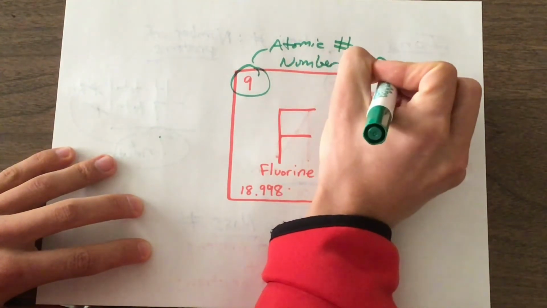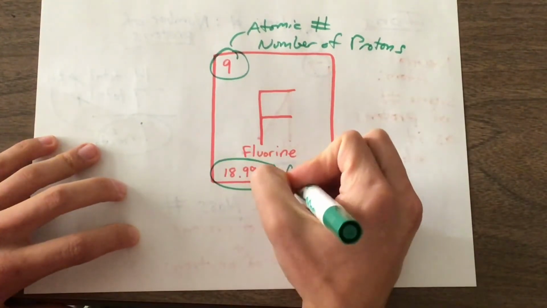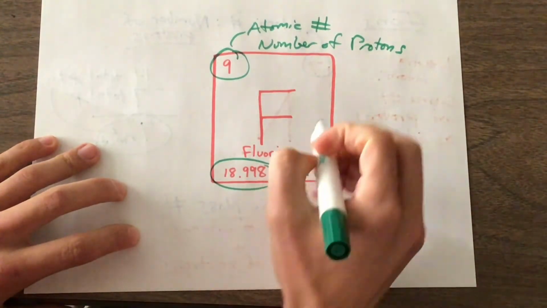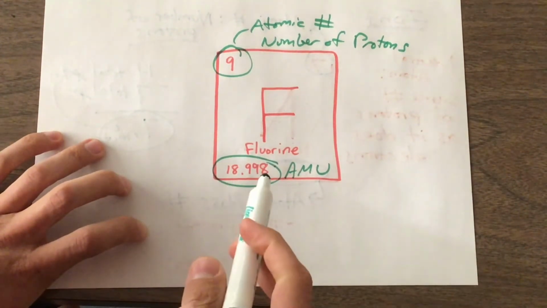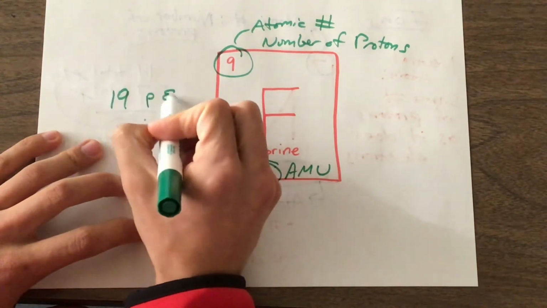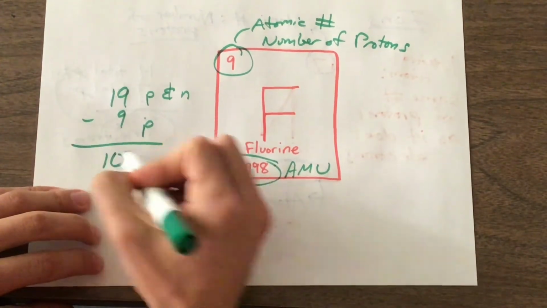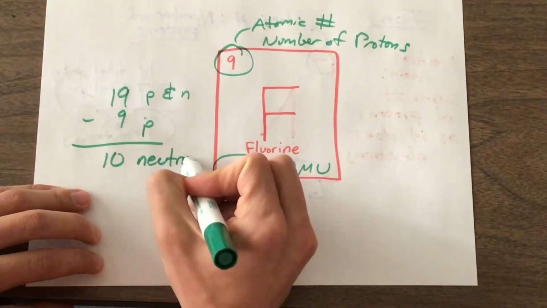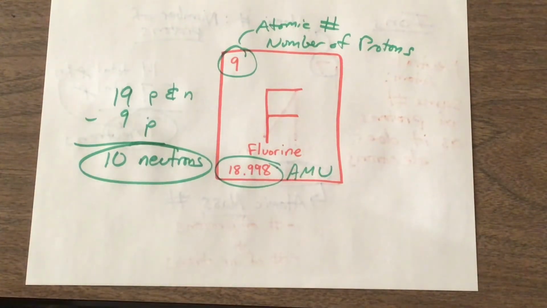Here's my atomic mass, 18.998. I'm just going to round that to 19. So 19 protons and neutrons minus 9 protons gives me 10 neutrons. As you can see, they don't always have to be the same.